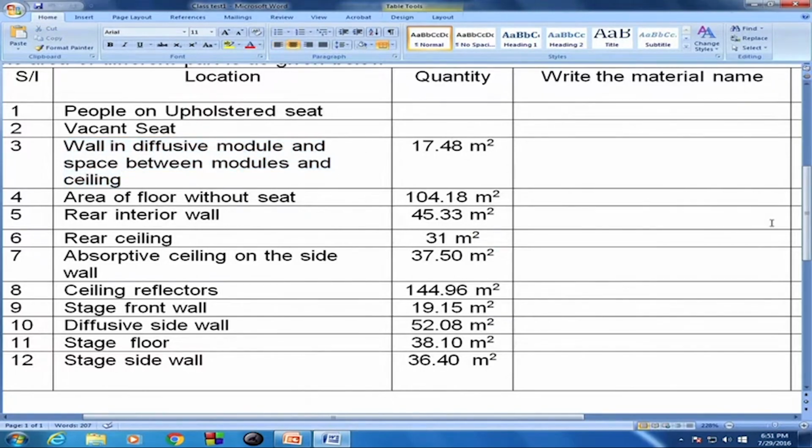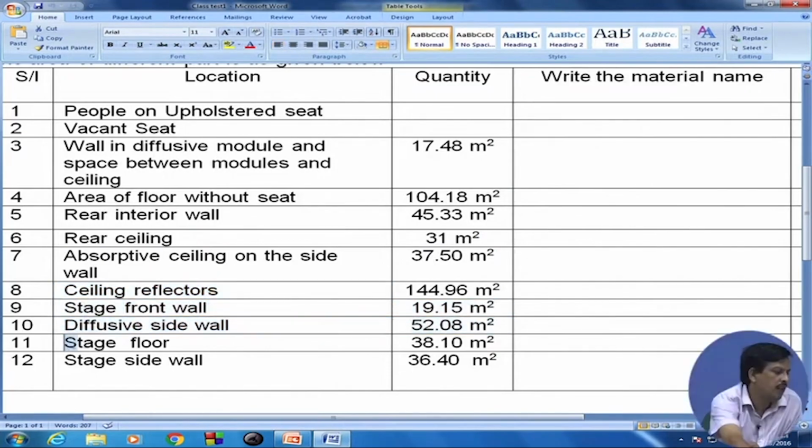The surface areas are given: area floor without seat, rear interior wall, rear ceiling, absorptive ceiling on side wall, ceiling reflector, stage front wall, diffusive side wall, stage floor, stage side wall.